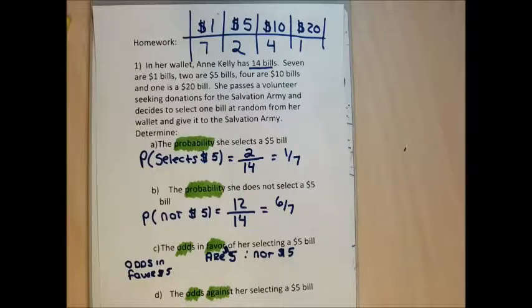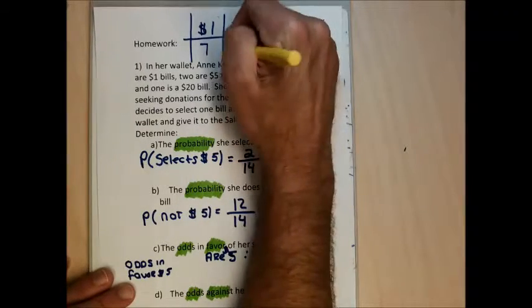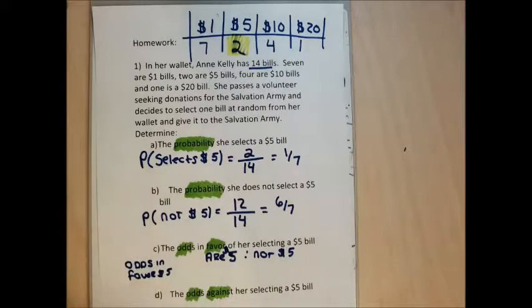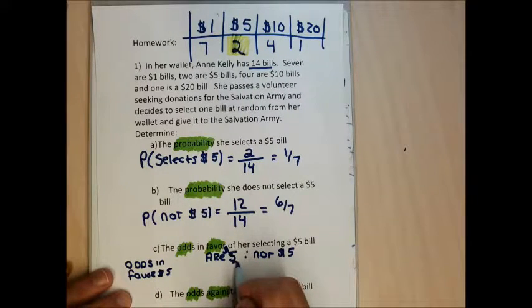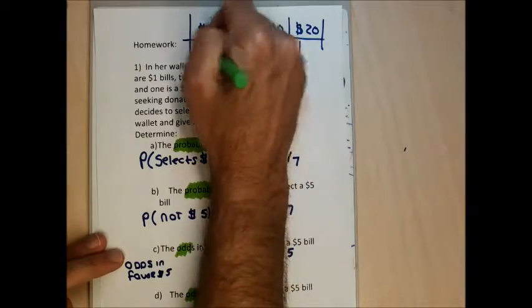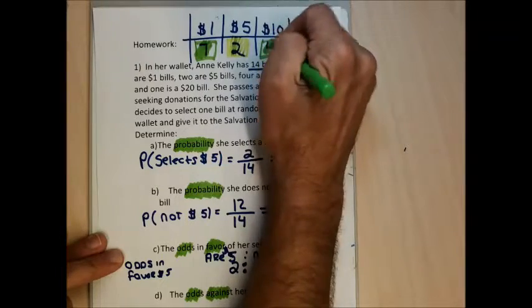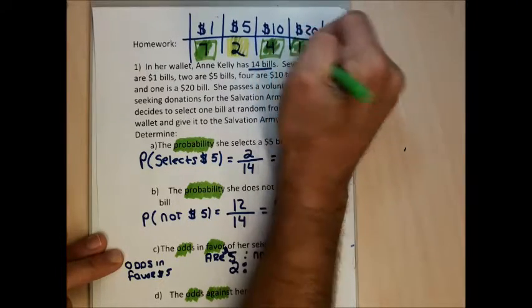So now I need to look at the bills in her wallet and figure out how many are $5s, and that's easy. The number that are $5s is going to be 2. So the first number I'm going to write is a 2, and then a colon, and then I need to write the number of bills that aren't $5s. And the number of bills that aren't $5s would be those 7 ones, those 4 tens, and that 1 twenty.